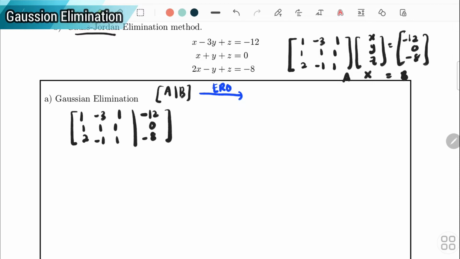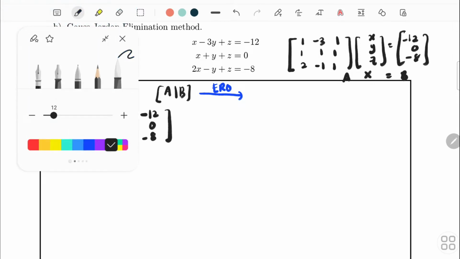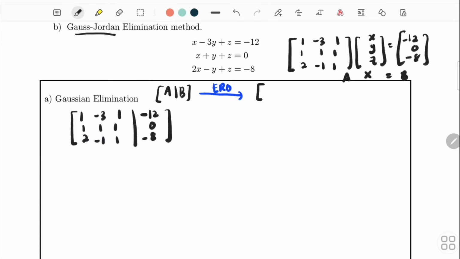That's the difference between ERO here and the elimination method. We're going to reduce it into what we call an upper triangular matrix, which means we are looking for 0, 0, 0 for these three elements, and then we stop the ERO process and proceed with the other process.